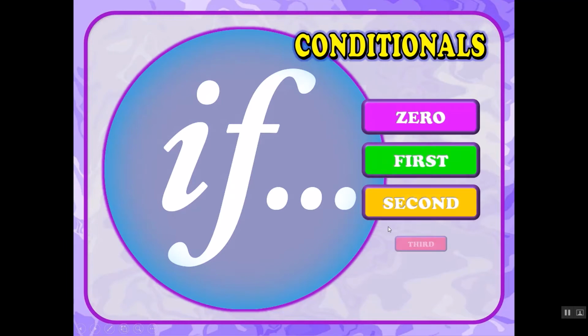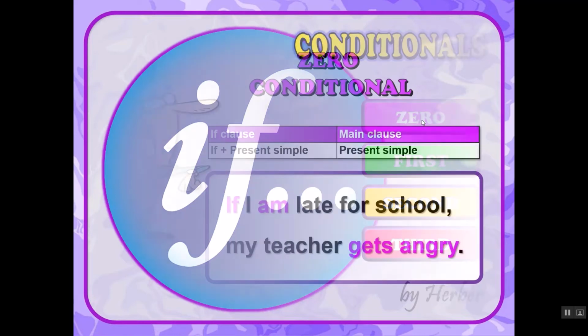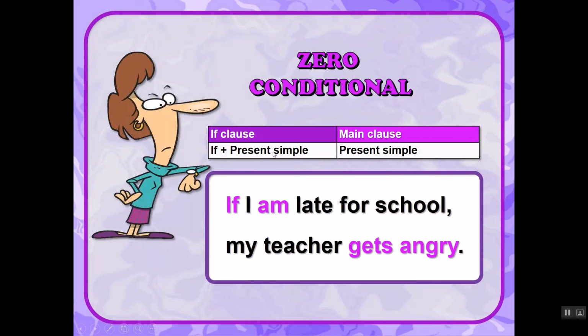Okay. So there are 4 kinds of conditionals: 0, first, second, and third. Today we're just talking about the 0 conditionals, which again are facts, truths, or results. It's not maybe, it is true. So to make a 0 conditional, the if clause is going to be in the present simple, and the main clause is going to be in the present simple.